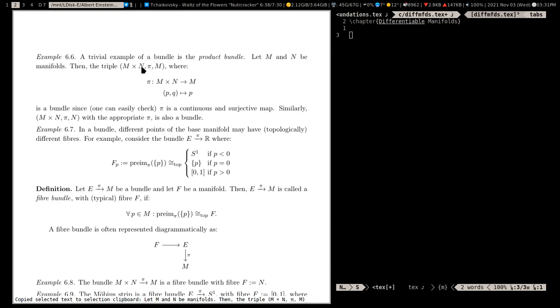The projection map is defined, as you can expect, by taking an ordered pair (p, q) and mapping it to p. This is continuous and surjective, and thus it is a bundle, the product bundle defined on the product. There's more about the product bundle that we'll probably see later, but this is the structure.